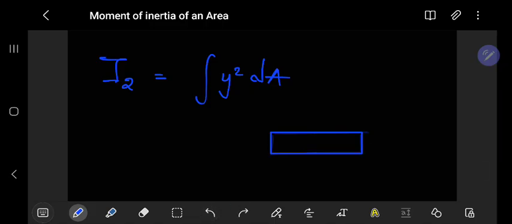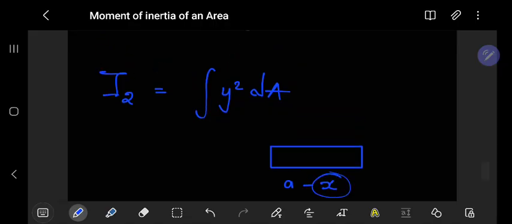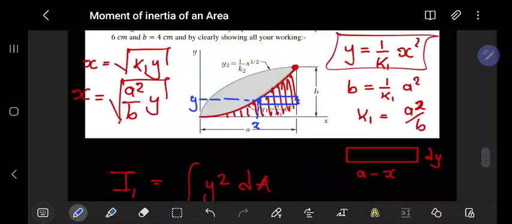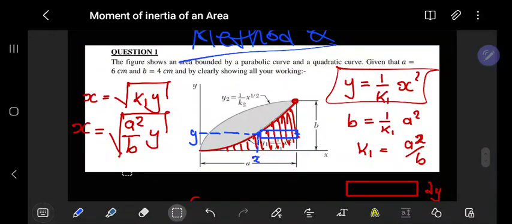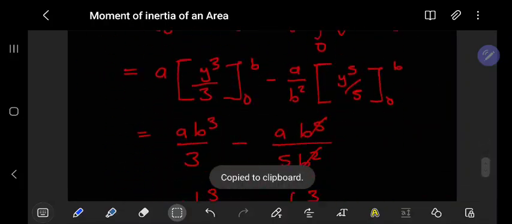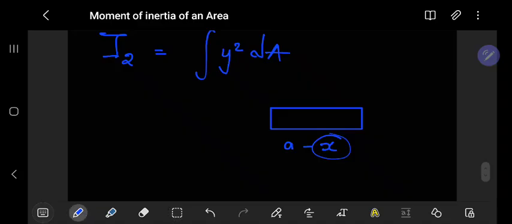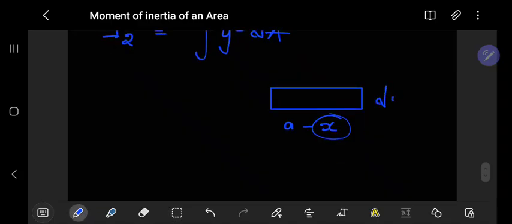The difference is now when we say a minus x, our x will now be controlled by this expression here. So this will be what our x will be. So we'll just copy this and put it where we have x. So we'll say, of course, this is still dy.